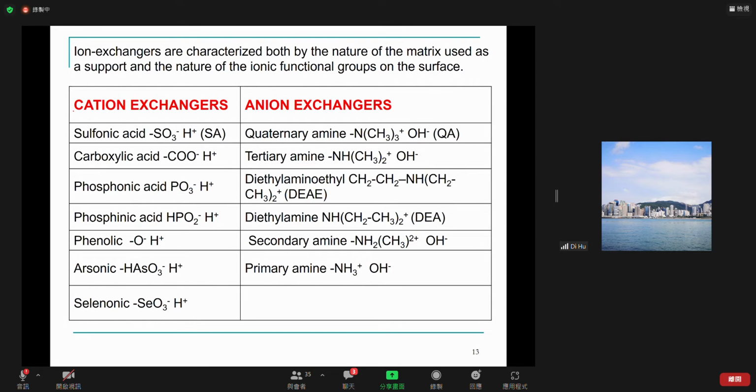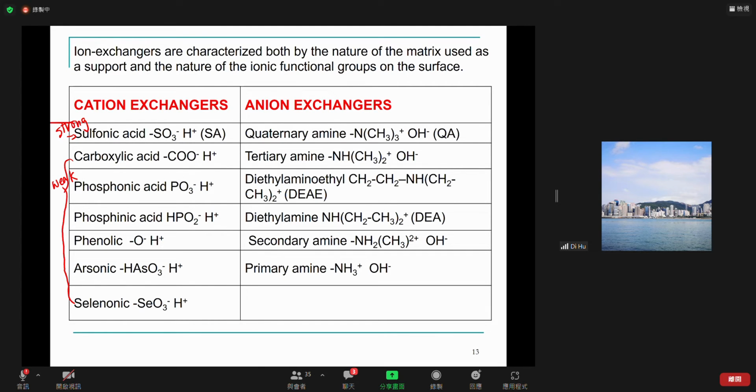Let's look at this first column. In the cation exchanger column, only the first one is the strong one. All the remaining ones in this column are weak cation exchangers. So what are they?